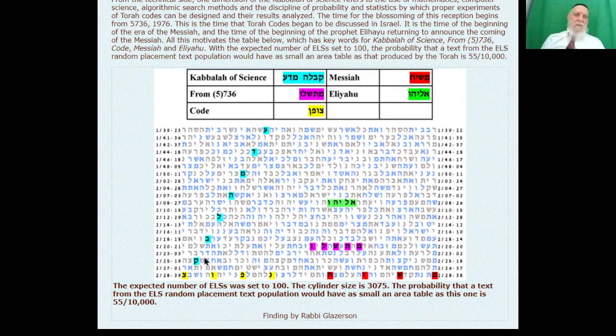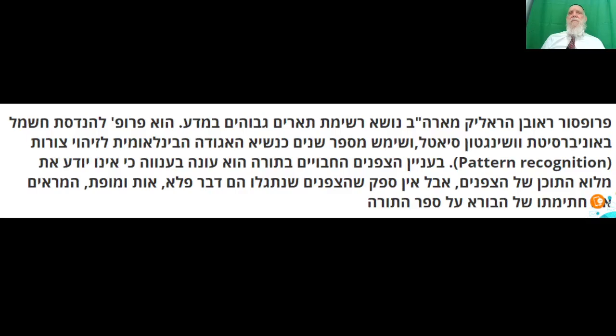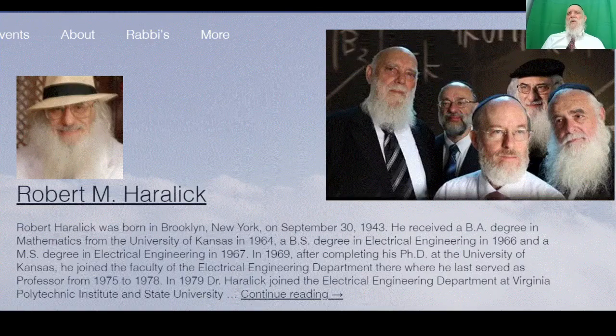Interesting to know, this is in Hebrew about Professor Haralick, but it's important to know the main scientists who are working on the Bible code. Dr. Rothenberg, also a scientist who came from Russia, and Professor Rips told him about this phenomenon.